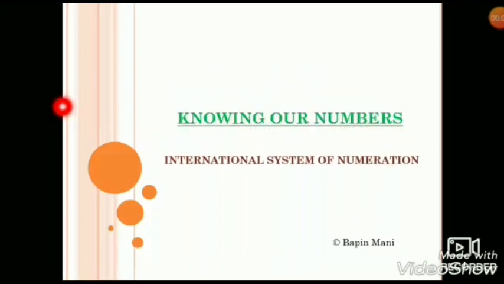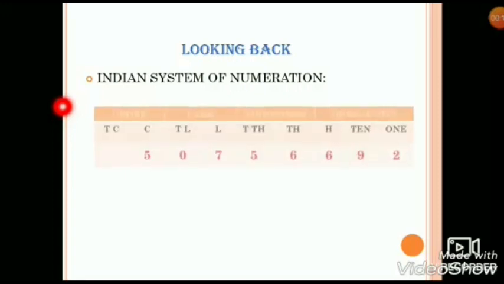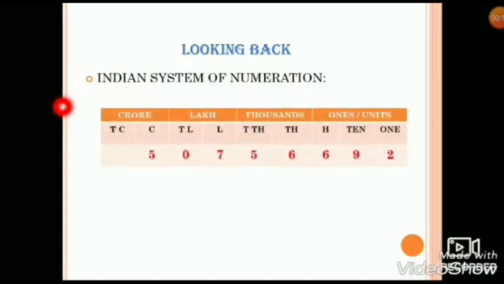Today our chapter is Knowing Our Numbers, and today we'll learn the international system of numeration. In our earlier videos you have learned about the Indian system of numeration, where you have seen it is divided into 9 periods: ones, tens, hundreds, thousands, 10,000, lakh, 10 lakh, crore and 10 crore.